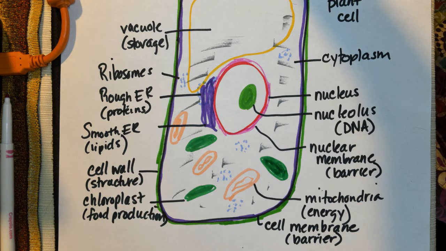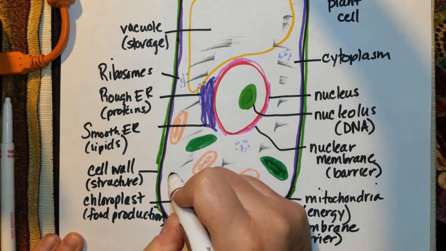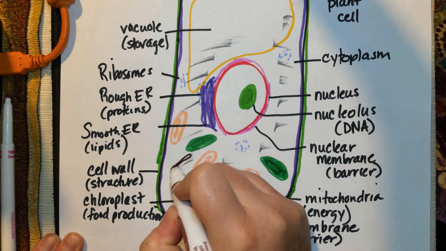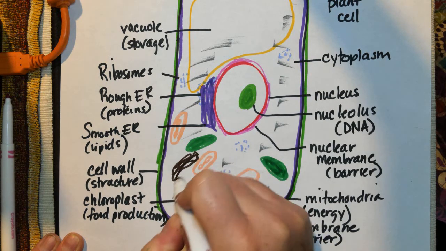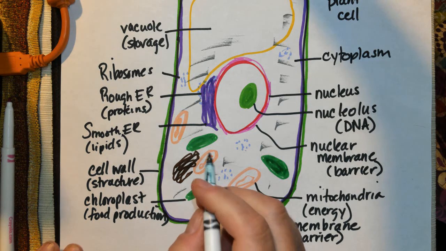And the last thing that I need to add is, again, our Golgi body. That's going to be kind of a folded sort of organelle within the cell that again helps transport proteins.